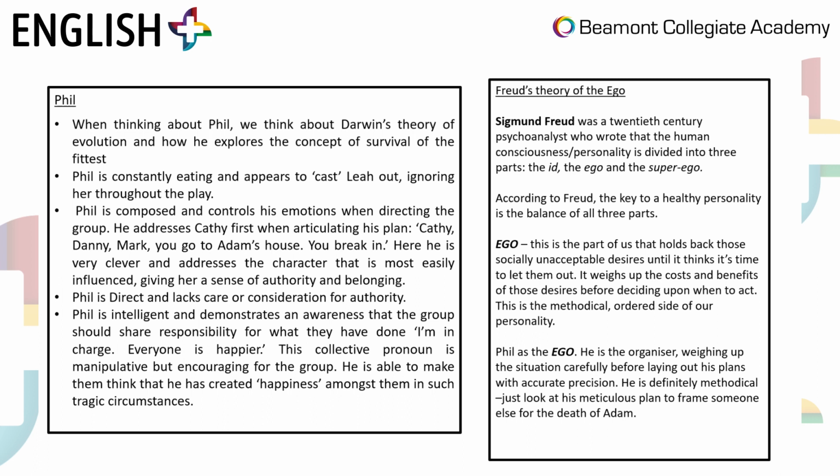He addresses Kathy first when articulating his plan, which is quite interesting, isn't it? Because Kathy is the ultimate follower. She almost puts Phil in this hero figure. She nods at him when he comes up with the second plan.